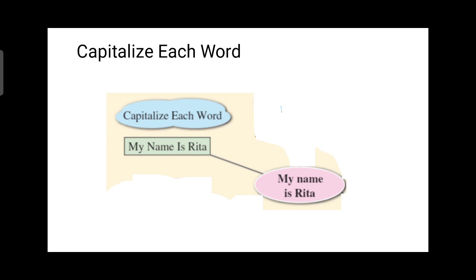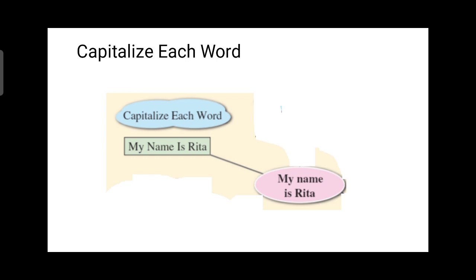Next one is capitalize each word. Capitalize each word means the first character of every word is in uppercase. You will get each word's first letter in capital letter. Here the example is: M is capital in my, name is in small letters, is is small, and in Rita, R is capital and the rest is small letters.